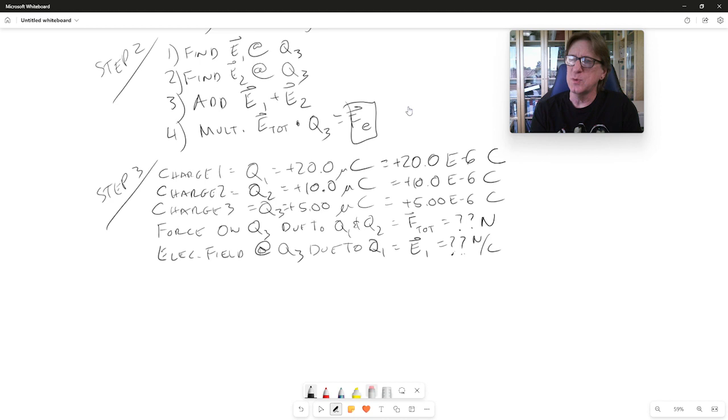And that's in newtons per coulomb. Then I'm going to have my electric field at Q3 due to Q2. That's also a vector, and we don't know what those are. Be really careful to keep writing down these vector signs. That'll keep you from making a mistake with that.